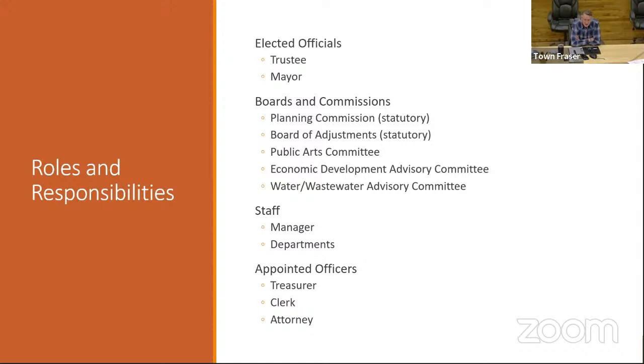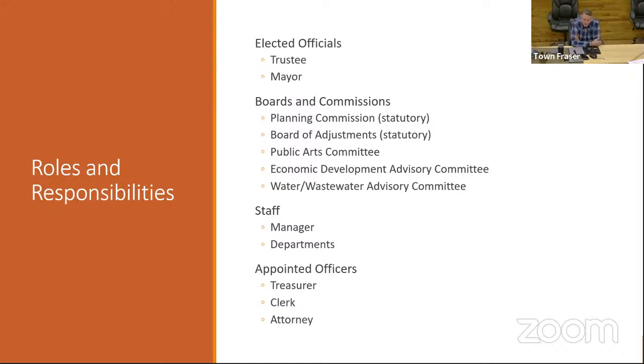The Economic Development Advisory Committee, I think, has 5 to 7 members, and it is staffed with one of our staff members to serve in an advisory role.